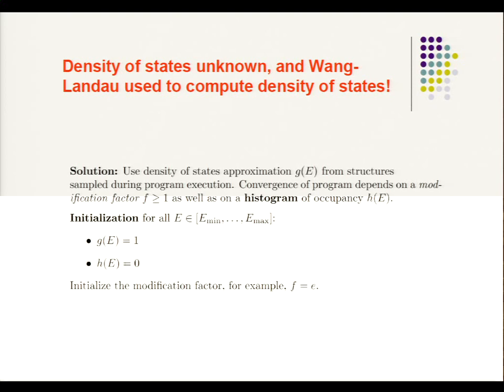The solution is to collect information on sampled states, and the approximate density will be the approximate density of the current sampled structure. We initialize this by, for each energy interval, setting the density of states to be 1 and the histogram of visitation to be 0. In the original paper, the modification factor was set to be equal to Euler's number.